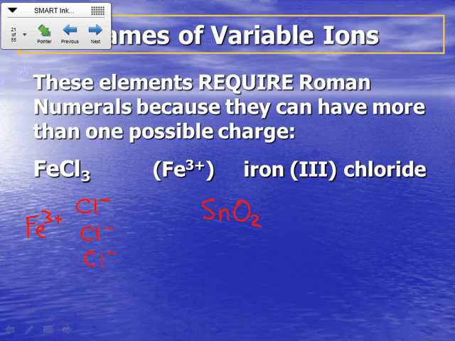But here's the problem. What charge does oxygen have? 2-, and there's 2 of them, right? So what charge does the Sn actually have to balance out the 2 oxygens? It needs to be a 4+. Okay? See, that's where that reverse crisscross thing can get you into trouble, right? The subscript doesn't always equal the charge on this one. Sometimes it works, but I think this method is better because that will show you for sure.